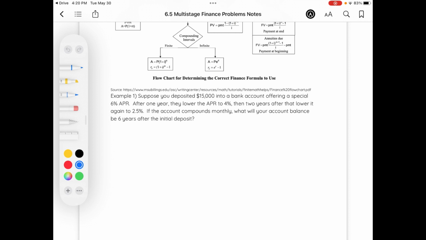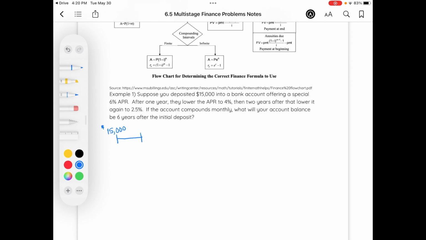So in this particular problem, I'm thinking of 3 separate instances where we're going to start off with the $15,000 initially invested for 1 year. And in that 1 year, we are at 6%.